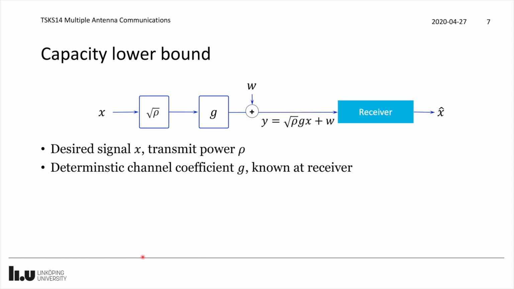So what we would like to do is to compute the capacity, or actually a capacity lower bound, for a system like this. So how much data can we transmit to each of the different users?